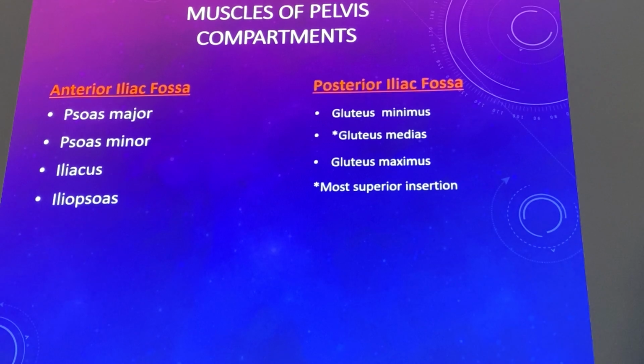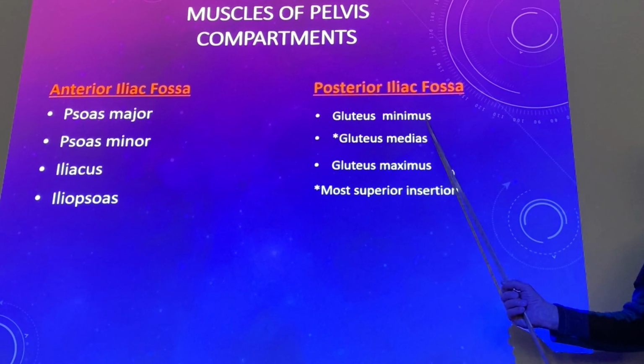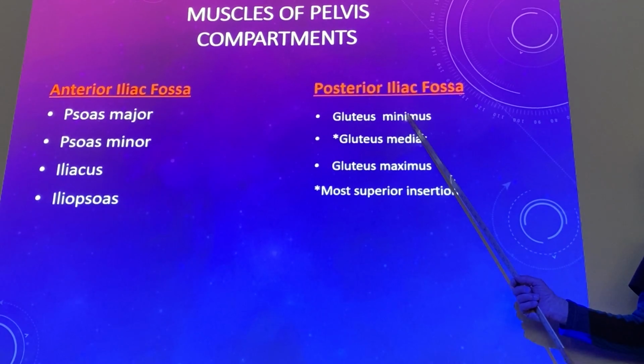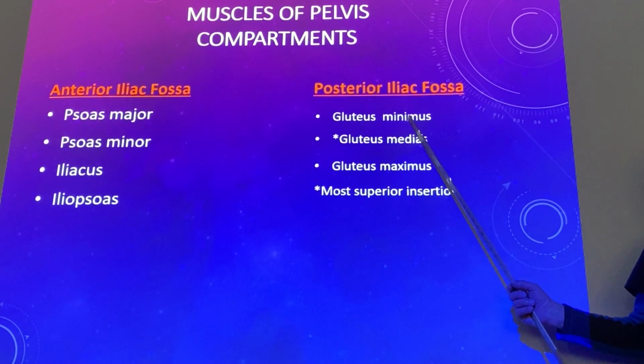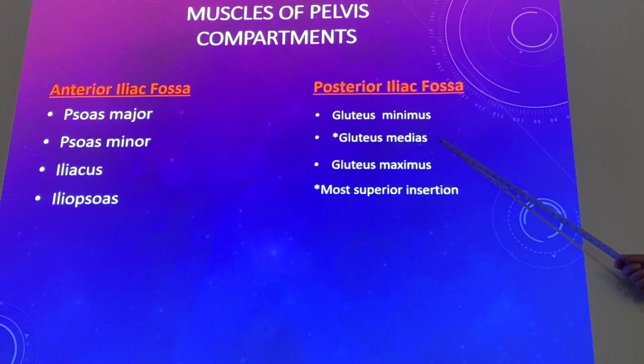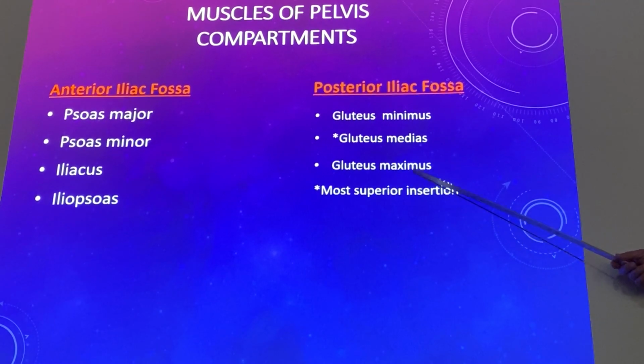On the outside or posterior portion of the iliac fossa, you're going to have the 3 gluteus muscles. You're going to have the smaller of the set, which is the most intimate against the bone, called gluteus minimus. Then medial is called gluteus medius. And then the outer layer, larger of course, would be gluteus maximus.